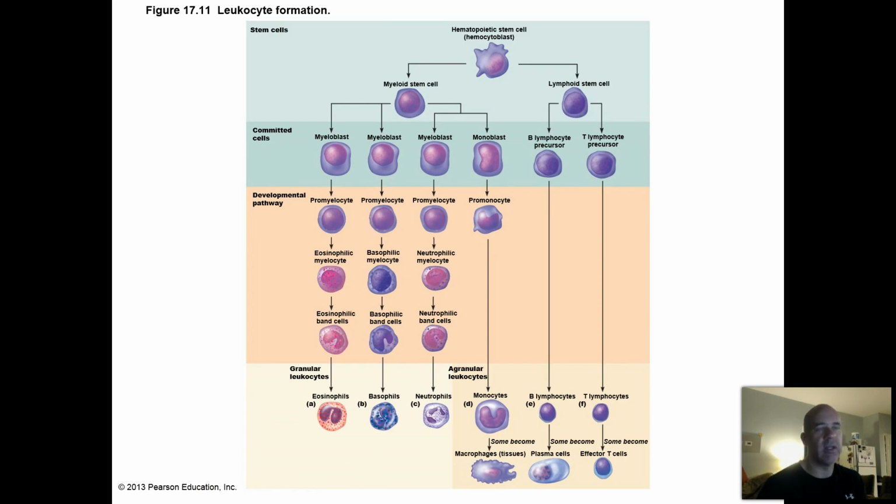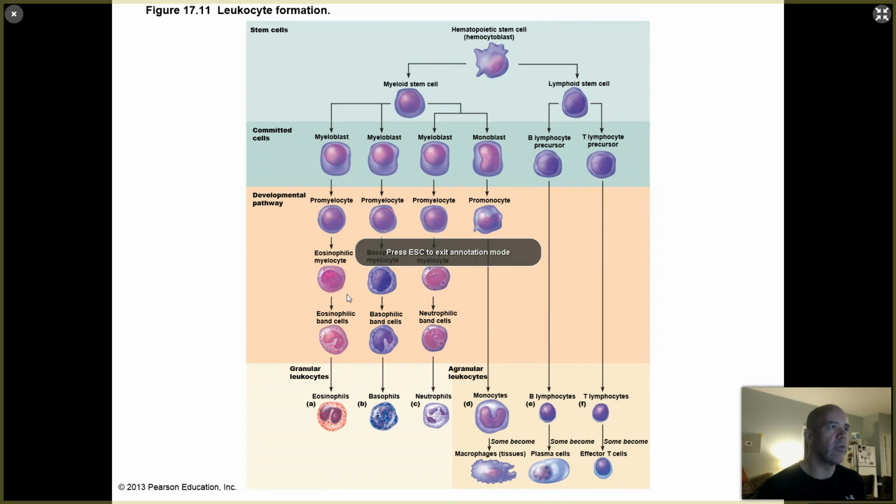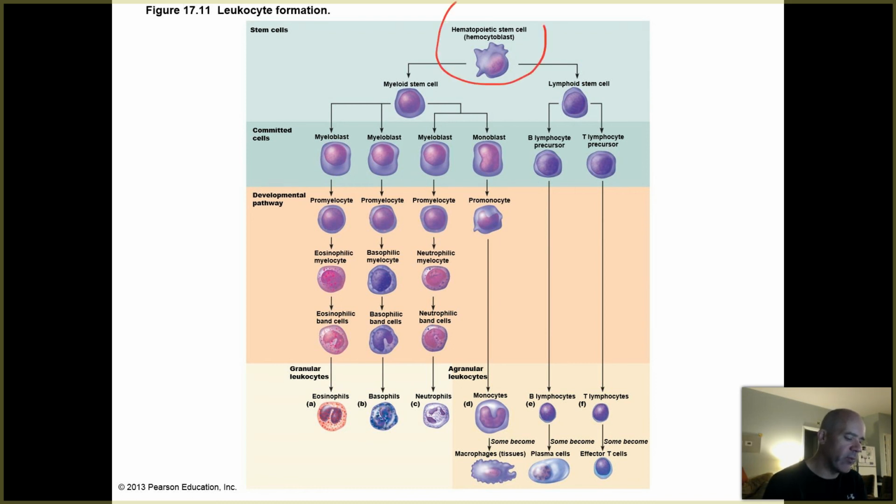All right, so we've seen this before. Now this is actually the diagram from your textbook, which shows hematopoiesis. And again, this process happens in the red bone marrow, and it starts with these hemocytoblasts, which can become either lymphoid stem cells or myeloid stem cells, as we've talked about already.